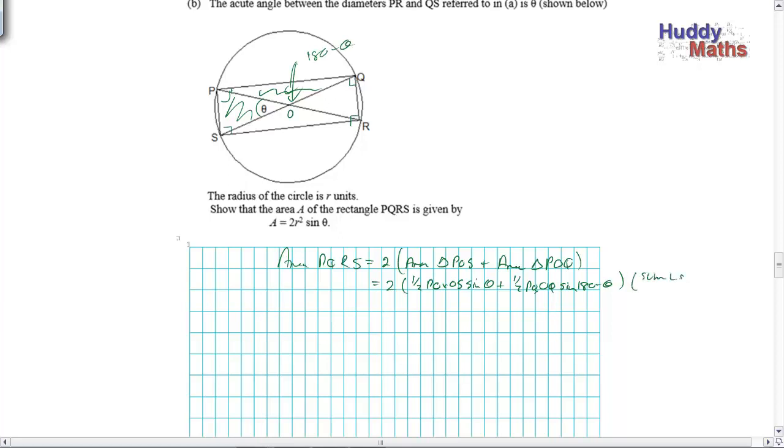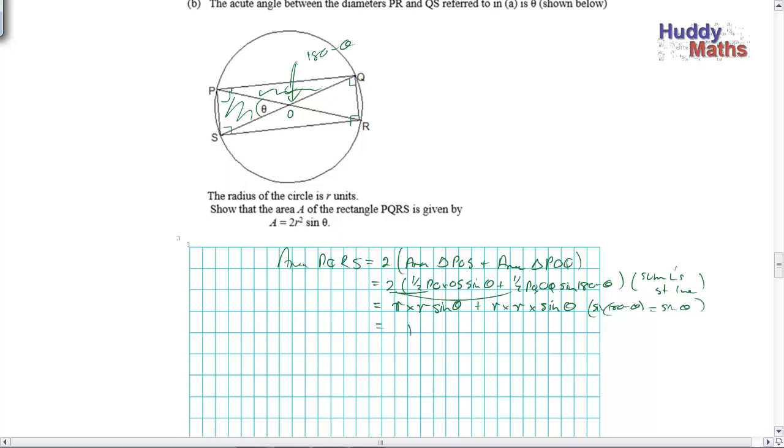Okay, so what have we got? Doubling everything, we've got PO, which is an r. It's a radius, isn't it? PO, OS are both radii, sine theta, and it's doubling that, plus doubling this one. PO, OQ are both radii, and the sine of 180 minus theta is the same as the sine of theta. Better put that. Sine 180 minus theta equals sine of theta.